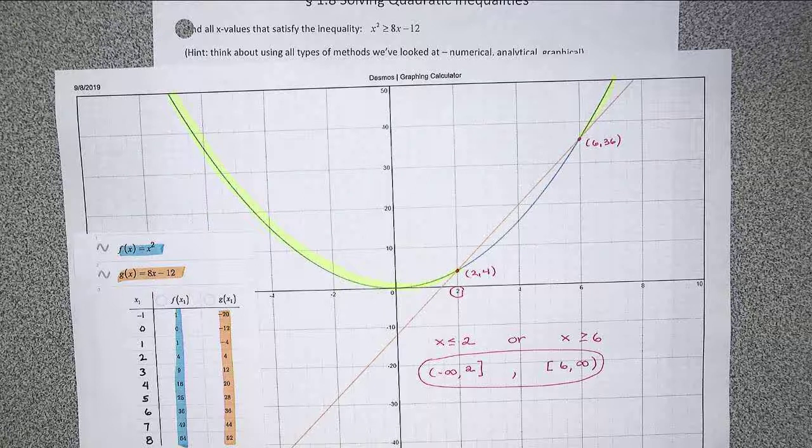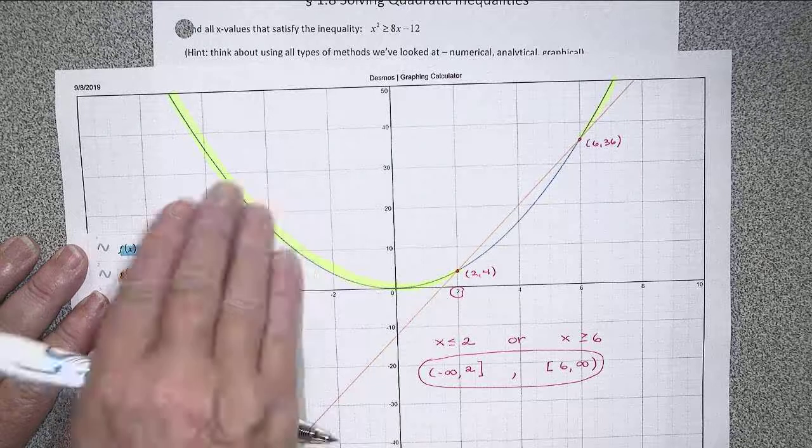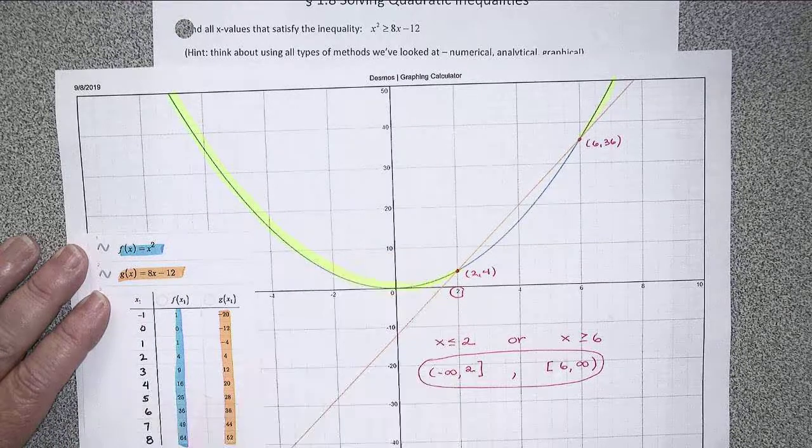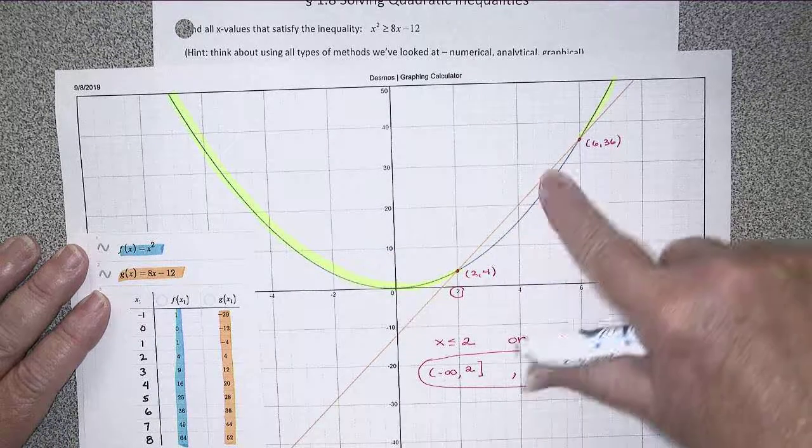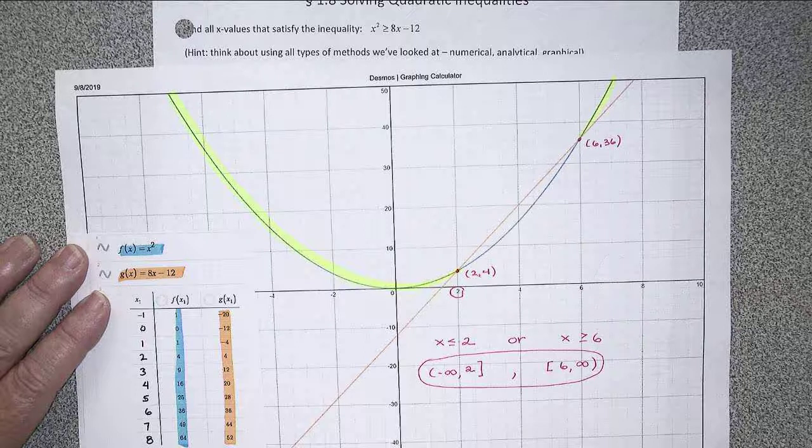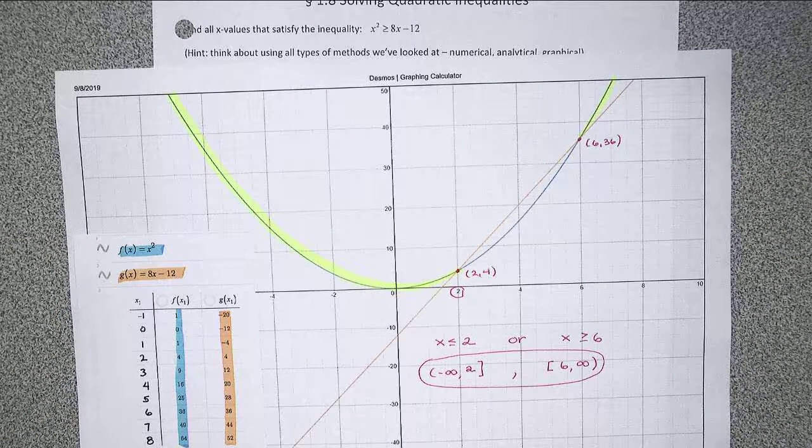So if I'm working by hand without a graph or a table of values that the calculator or computer has generated for me, one thing that I could do is I could just test specific numbers. I'd need to test some number over here smaller than 2, some number in between the 2 and the 6, and some number above the 6 to see whether in that interval my inequality is true or false.